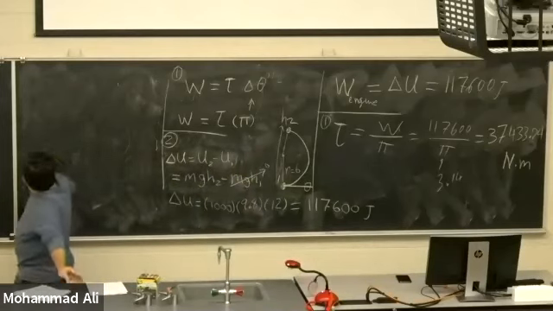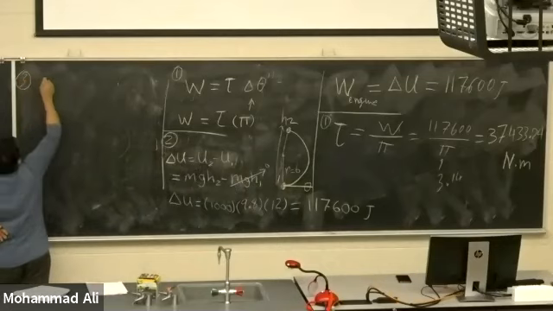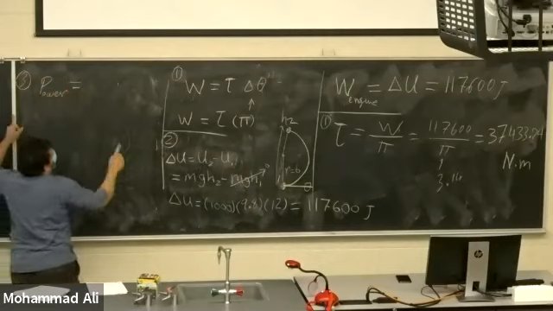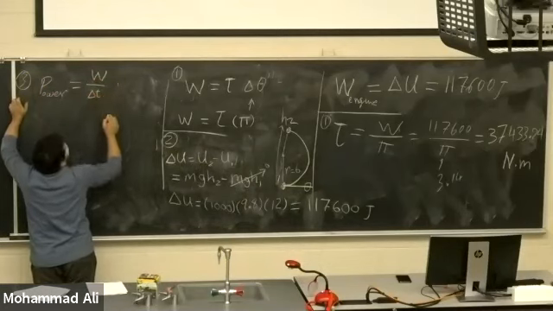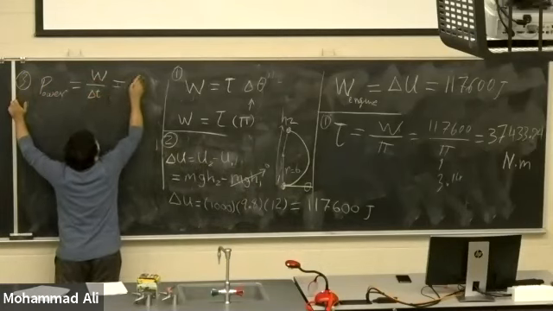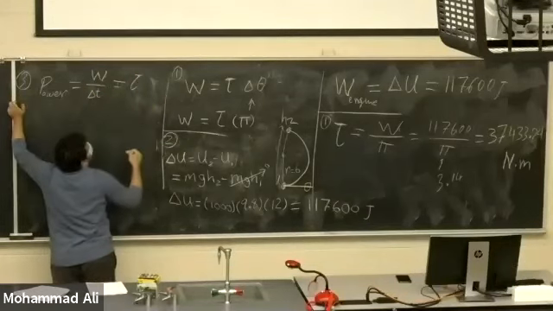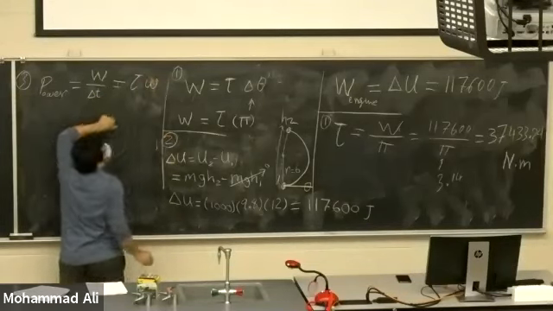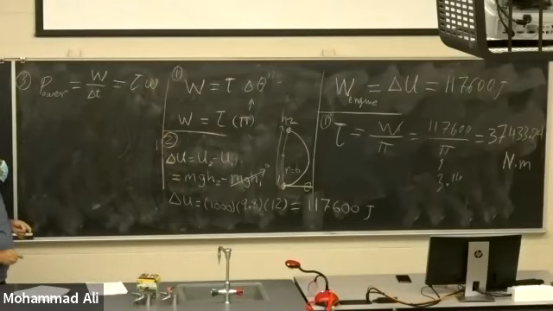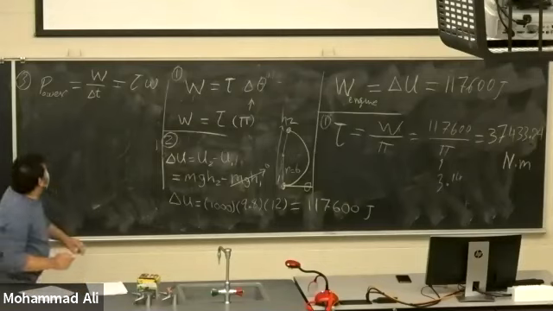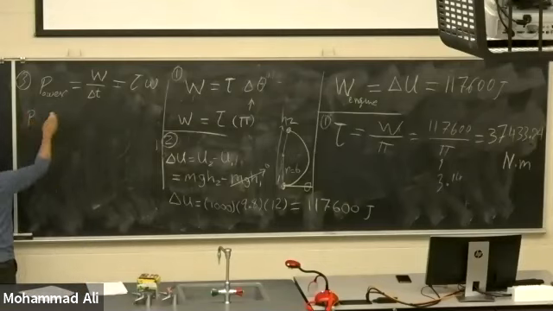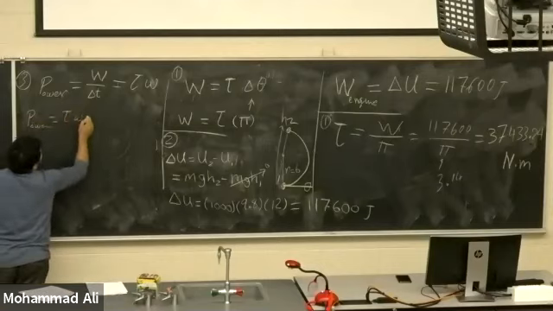The power is equal to the work done divided by delta T. And it is also equal to the torque multiplied by omega. Okay. Now the power, the first way, power is equal to tau multiplied by omega.